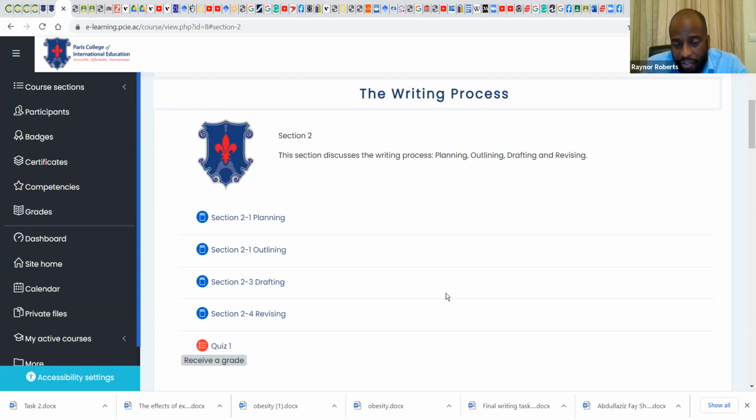But in real life, there's often not a rubric. You just need to know your purpose in writing. If you're writing for work, you need to know what the boss wants or what the intent of the writing is. But it's always good to have some type of guideline document that helps you make sure you're drafting appropriately.